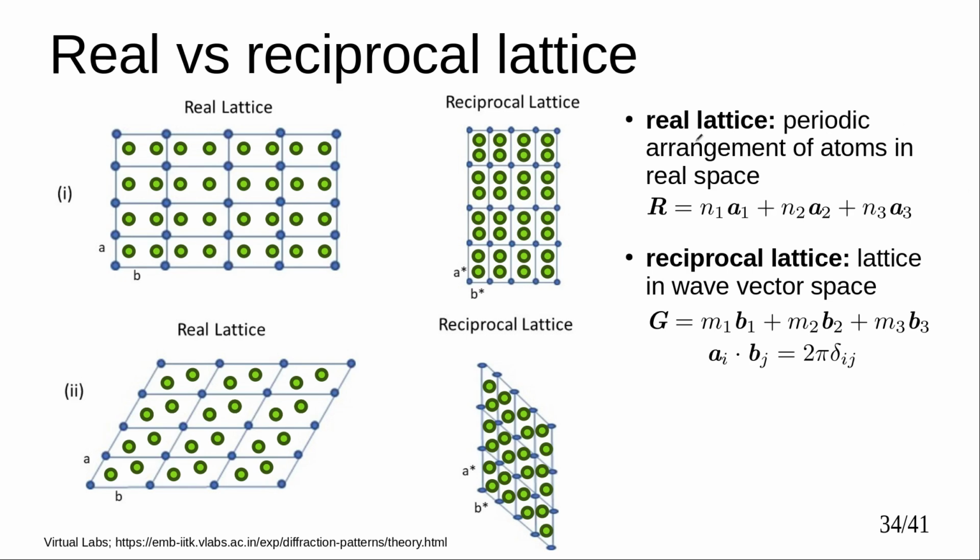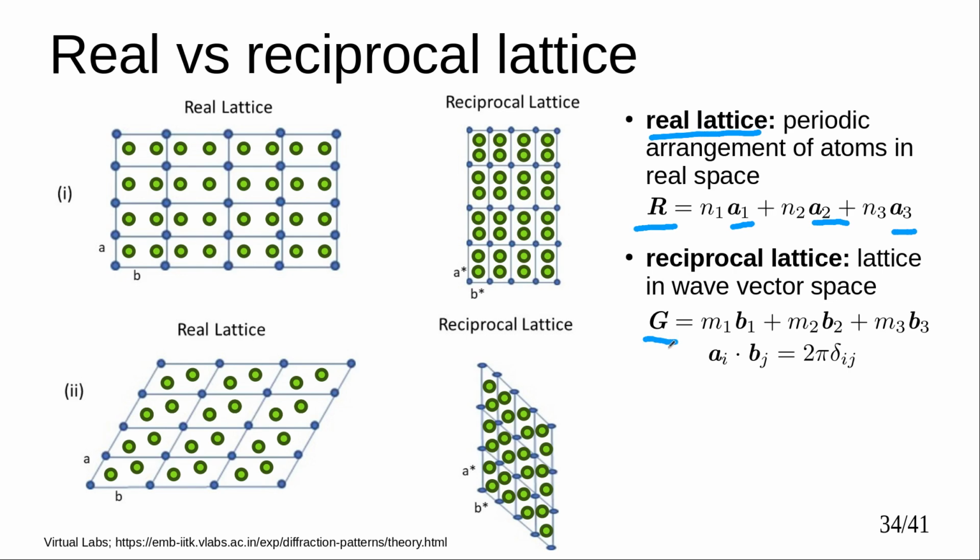So the real lattice is a periodic arrangement of atoms in real space. Our vector R is basically a sum over our lattice parameters A1, A2, A3, scaled up. In the reciprocal space, we can set up a similar way.